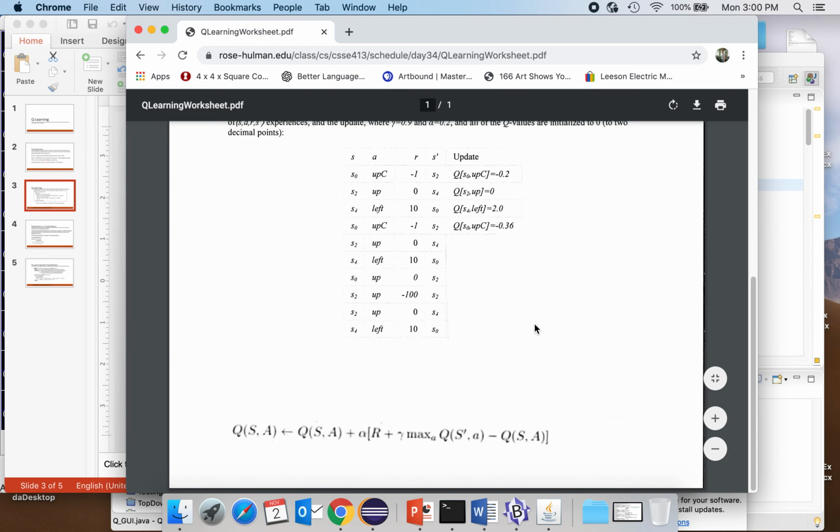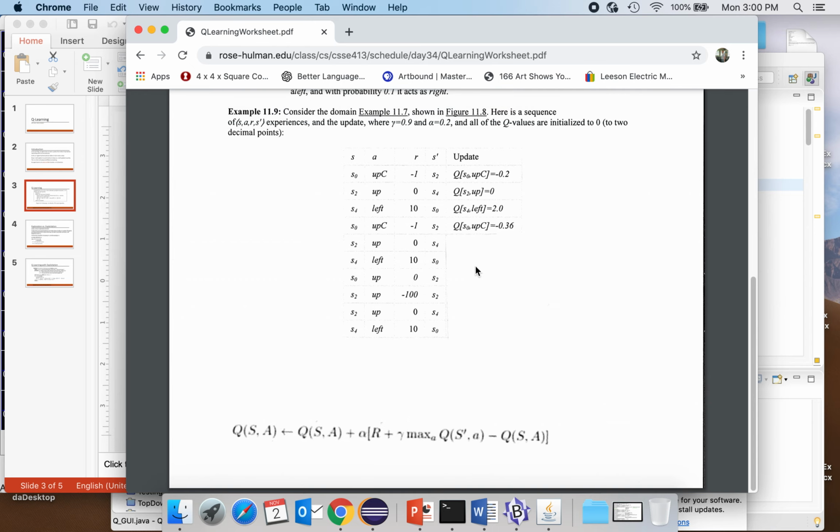Now let's look at how this one works. We're in S0, and we again decide for various reasons that we want to go up. The reward is the same, -1, and we always end up in state S2. So let's explore what's going on over here. We look at the successor state, S prime, the actions that are available to us there, and what the values are.